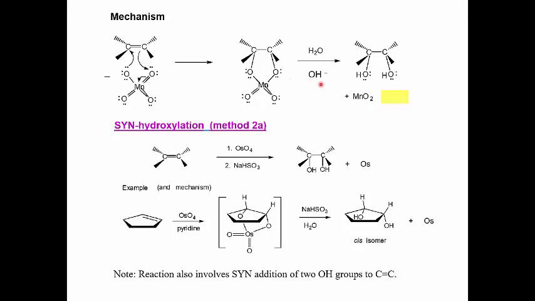What happens next is a fairly rapid reaction in which this 5-membered ring undergoes a reaction called hydrolysis. In the hydrolysis reaction, each manganese-oxygen bond breaks, a hydrogen attaches to each oxygen, forming this 1,2-diol product. When the Mn-O bonds break, you're left with a byproduct, MnO2.